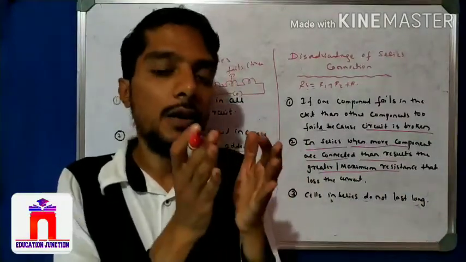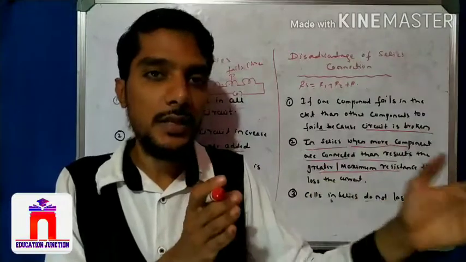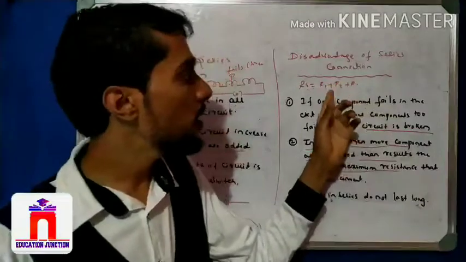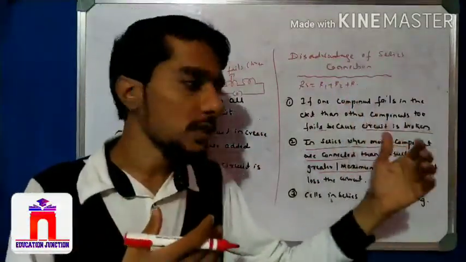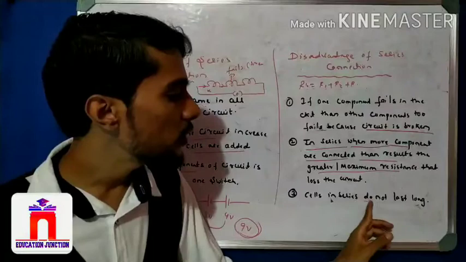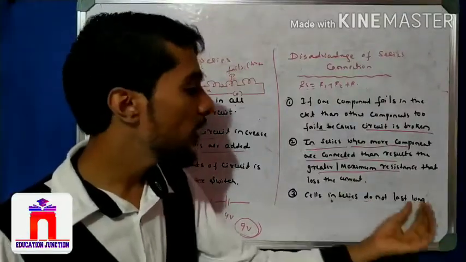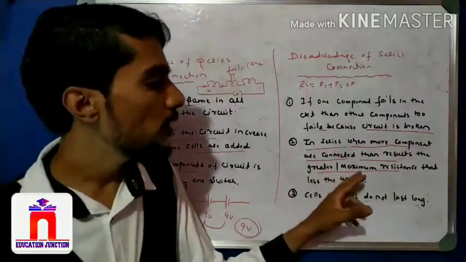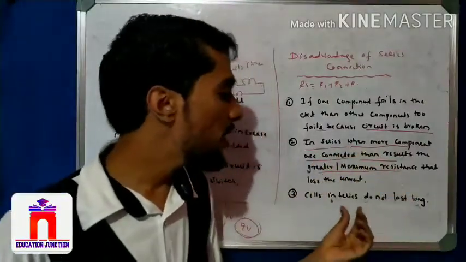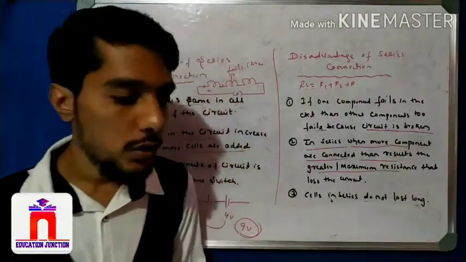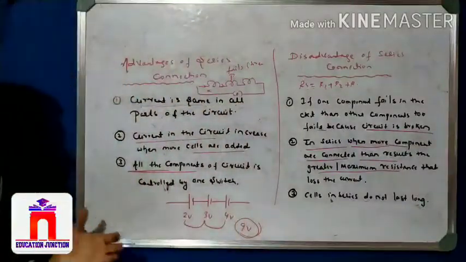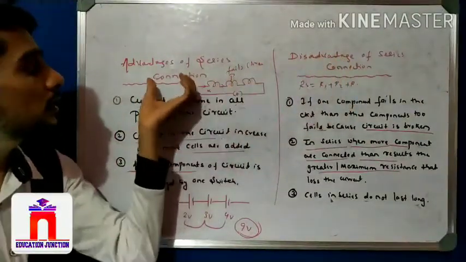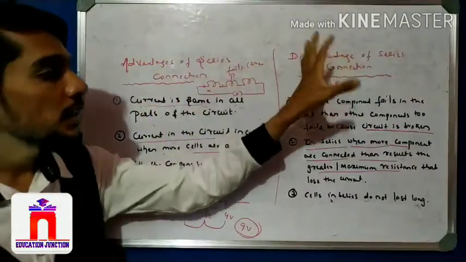Because the resistances add up, the cells in series do not last longer, and the battery is quickly discharged. So because of the maximum resistance in series, the batteries do not last longer. These are the advantages and disadvantages of series connection.